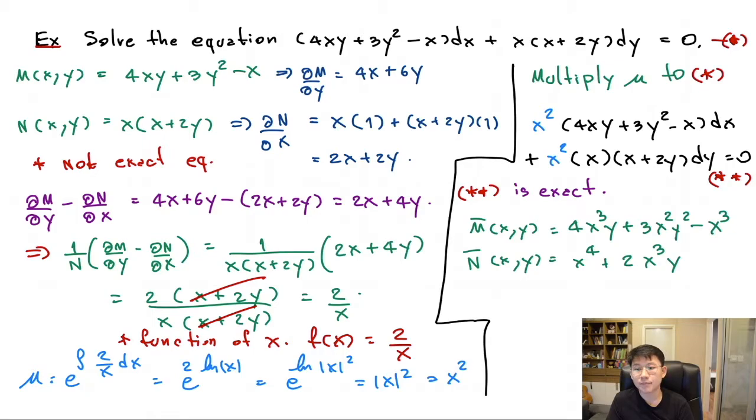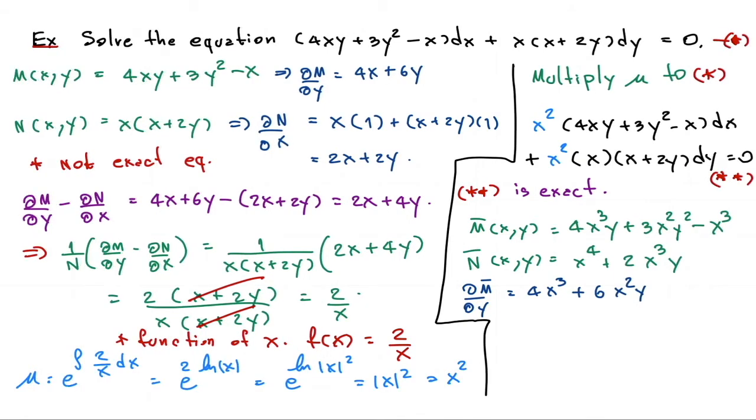Then dM bar by dy is 4x cubed plus 6x squared y; the x cubed disappeared because it's just a constant when we take the derivative by y.